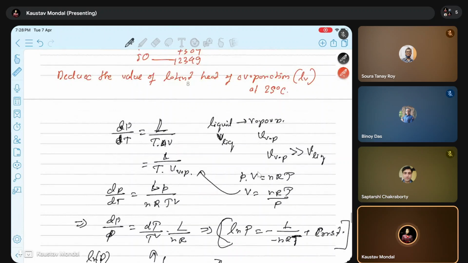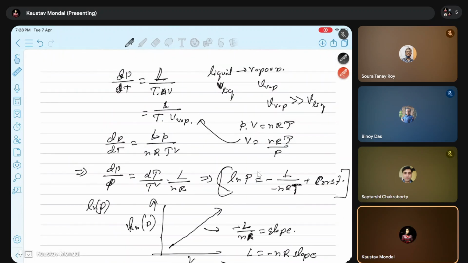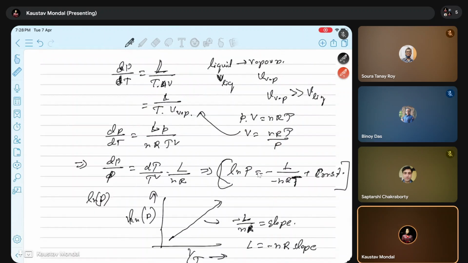Okay. So this is how you have to solve this problem. You have to first find out the phase line of this particular system, which you can get using Clapeyron's equation.